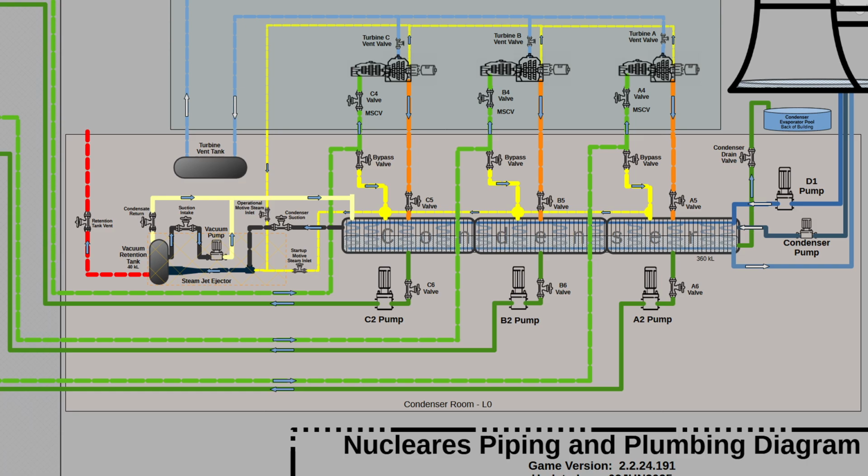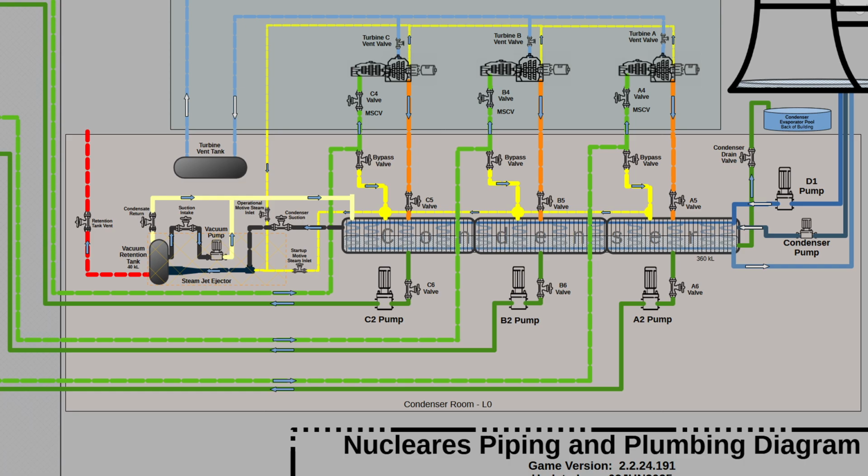Then you have the suction intake. The suction intake will suck the steam, I believe, and pump it through the vacuum pump, which then obviously leads out to the yellow piping.